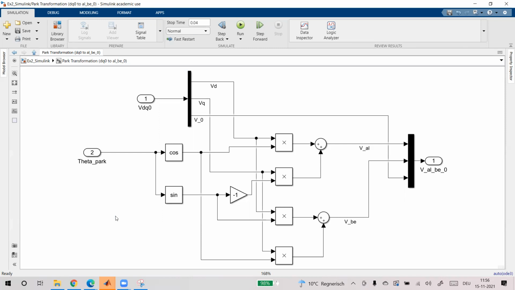Change the labels also. This is for DQ. Did you make the model already? No, I am using yours. That's okay, but make this now. This is for DQ0 to alpha beta, the inverse Clarke transformation.